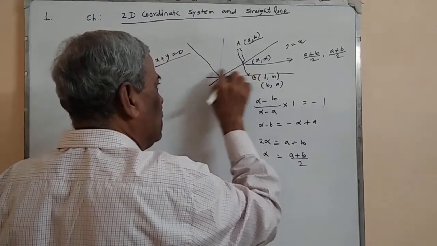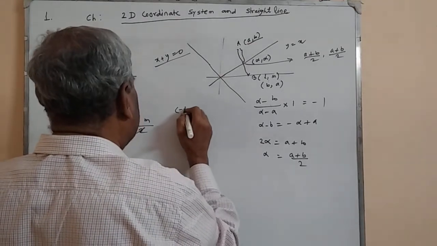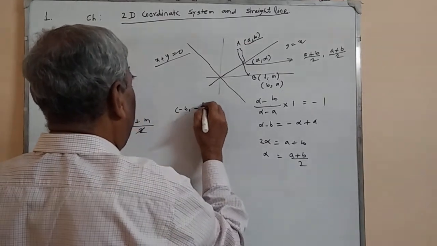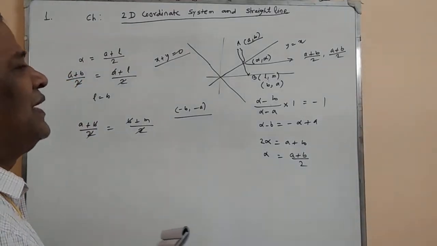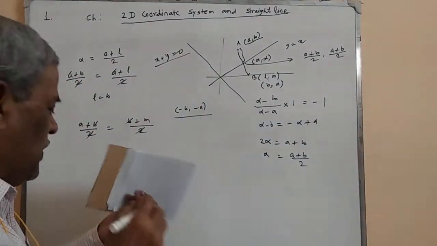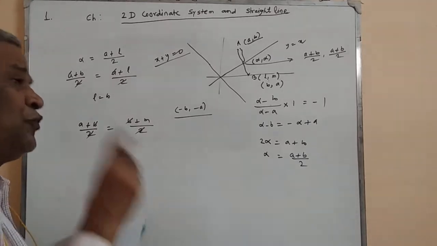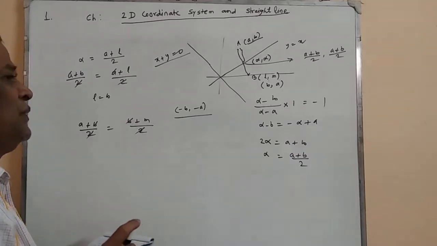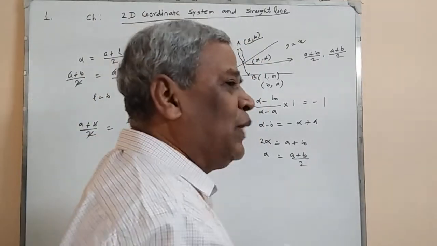By the same approach, it will be minus B, minus A. So I discussed 4 image points, the image of a point with respect to 4 different straight lines. So it will help you for calculating problems.